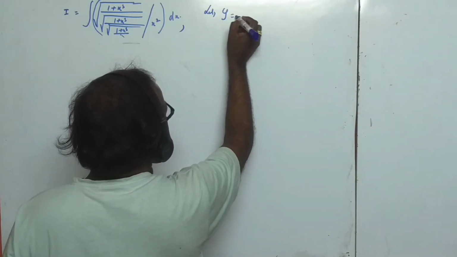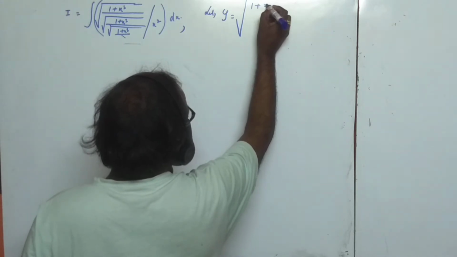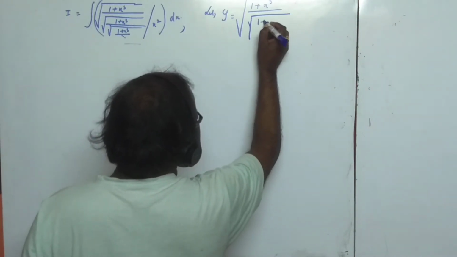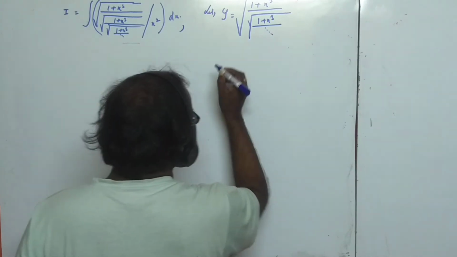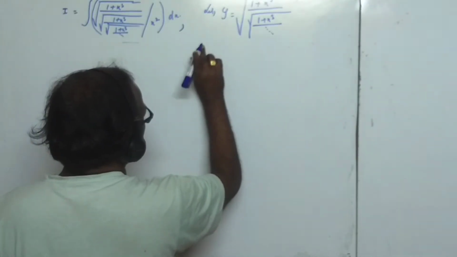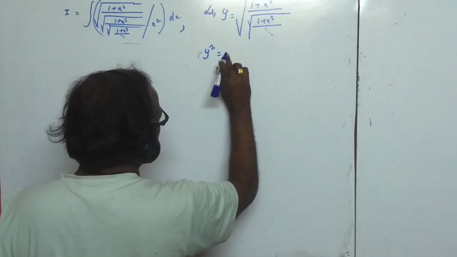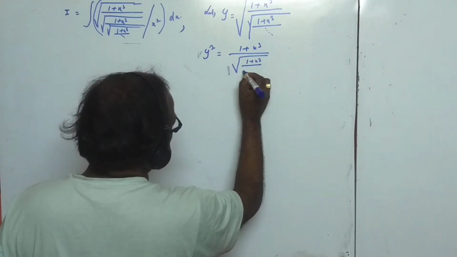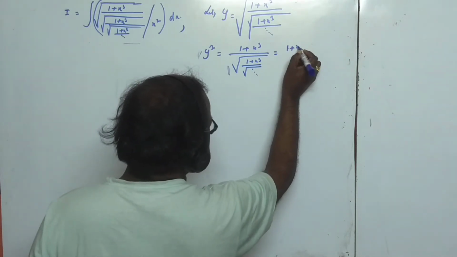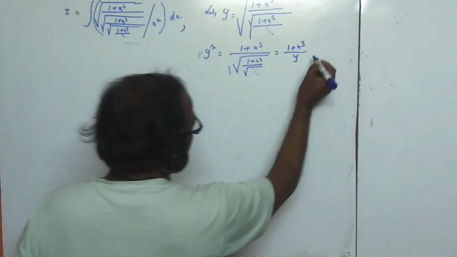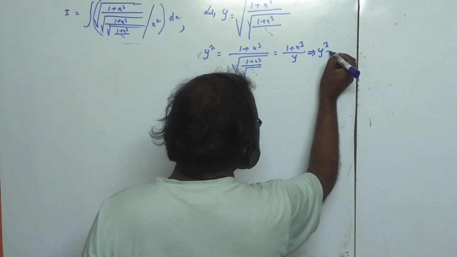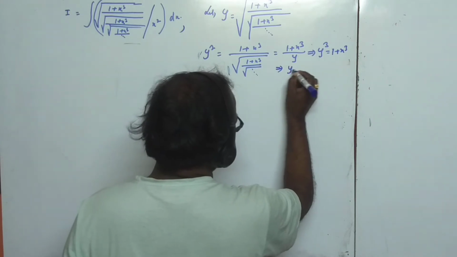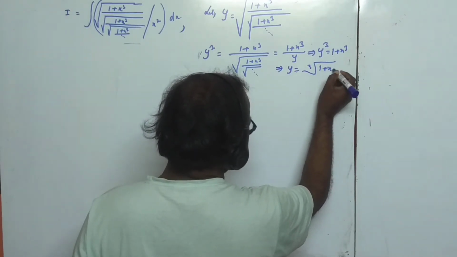Let us assume that is y, this is 1 plus x cube under root, again 1 plus x cube, okay, and now squaring of that, y square is 1 plus x cube and root over of 1 plus x cube and root over of, okay, so 1 plus x cube by y again, and then it is followed by y cube is 1 plus x cube, okay, implies that y is equal to cube root of 1 plus x cube.